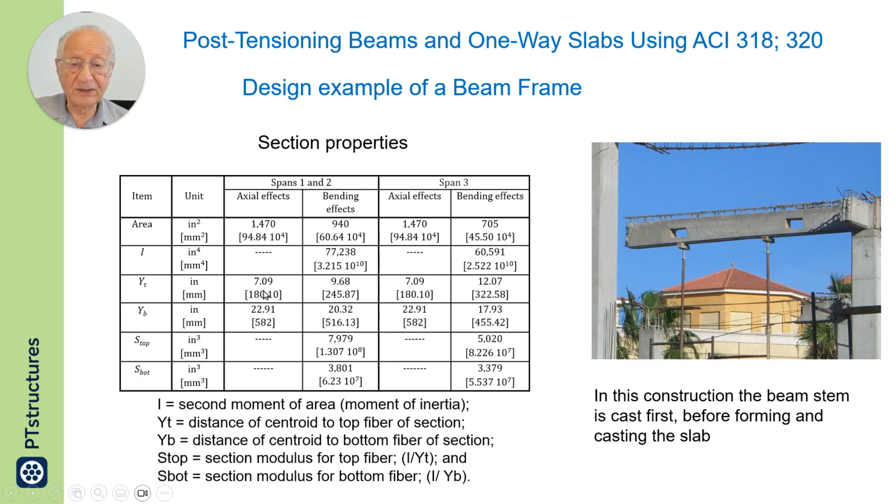Then I calculate the section properties: area and second moment of area, moment of inertia for different spans, and the centroid, distance from the centroid to the top fiber, distance of the centroid to the bottom fiber.